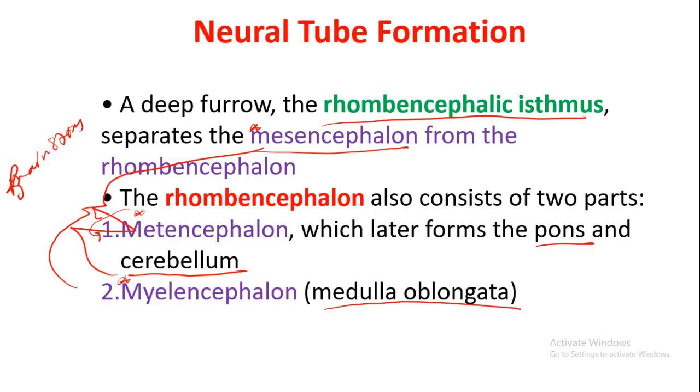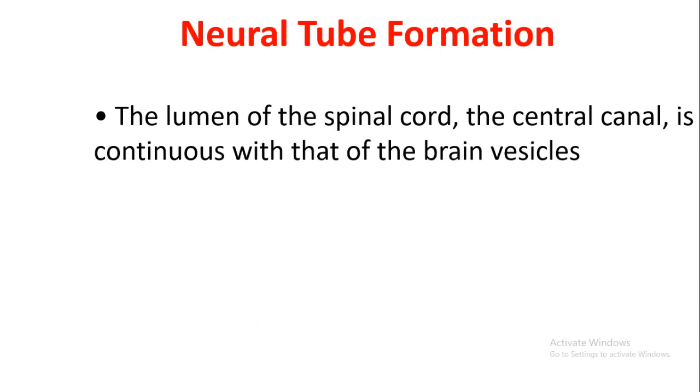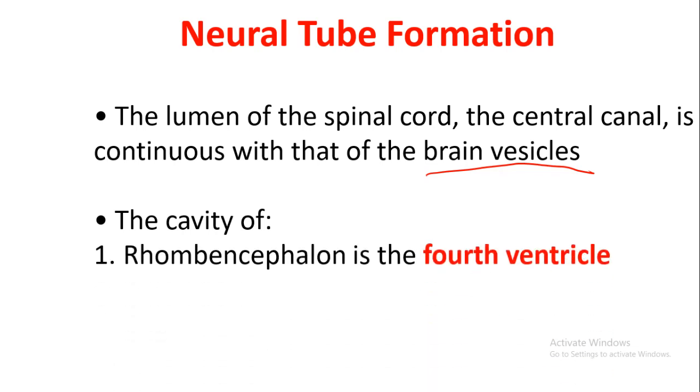Okay. Now, there's something that we all need to pay attention to, and we need to understand that the lumen of the spinal cord, the central canal, is continuous with the brain vesicles, such that the cavity of the rhombencephalon is just the fourth ventricle.